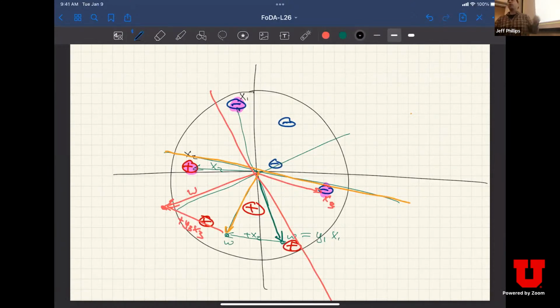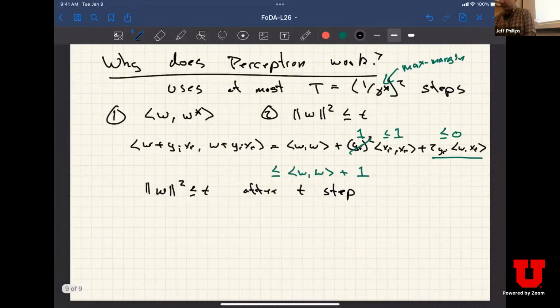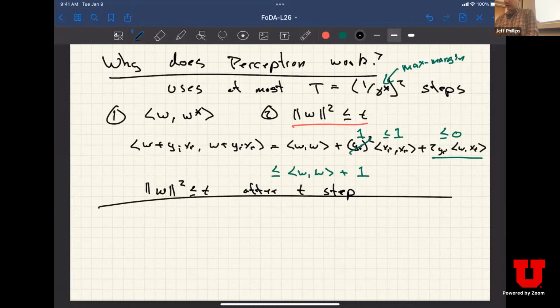Okay, the squared norm cannot grow to more than T after T steps. Okay, so this handled this case here. The other thing I need to do is to say that W dot W star grows larger than T gamma star.